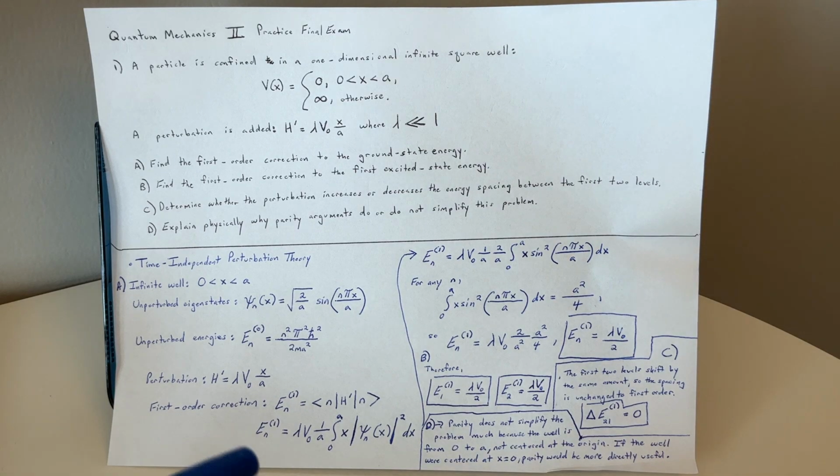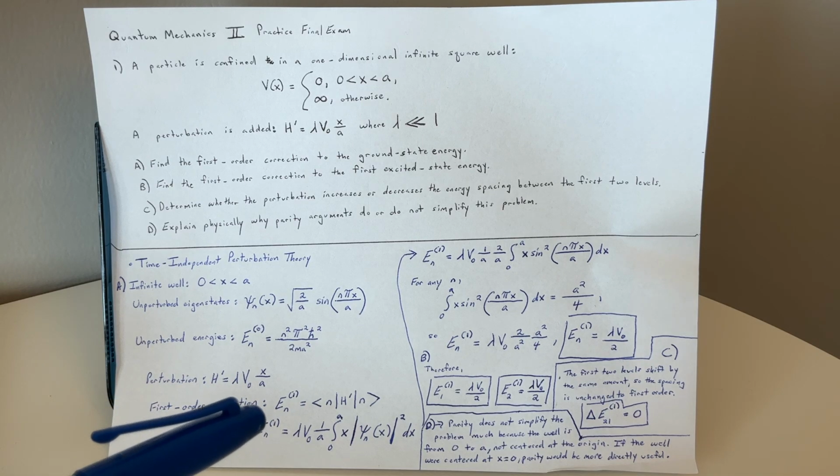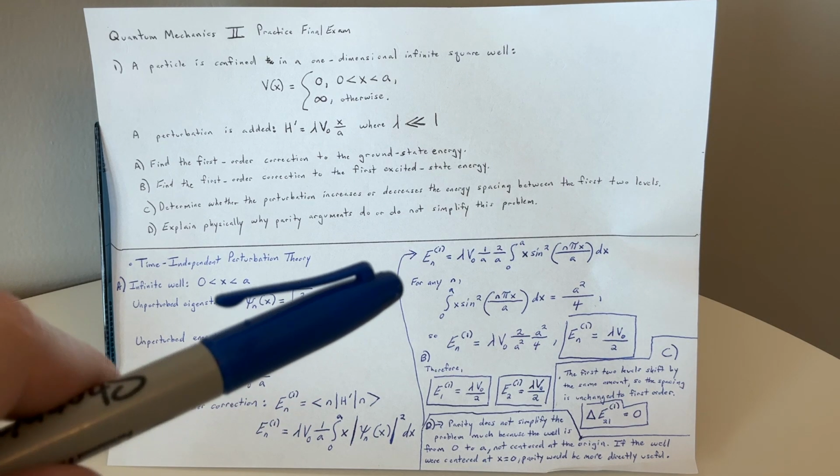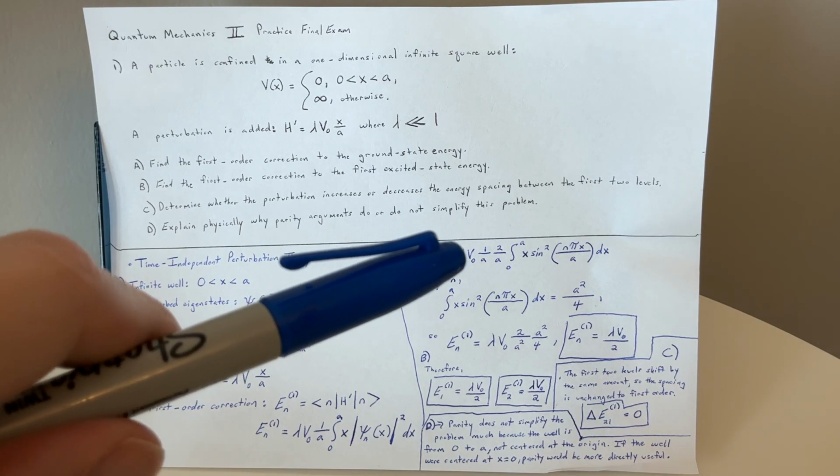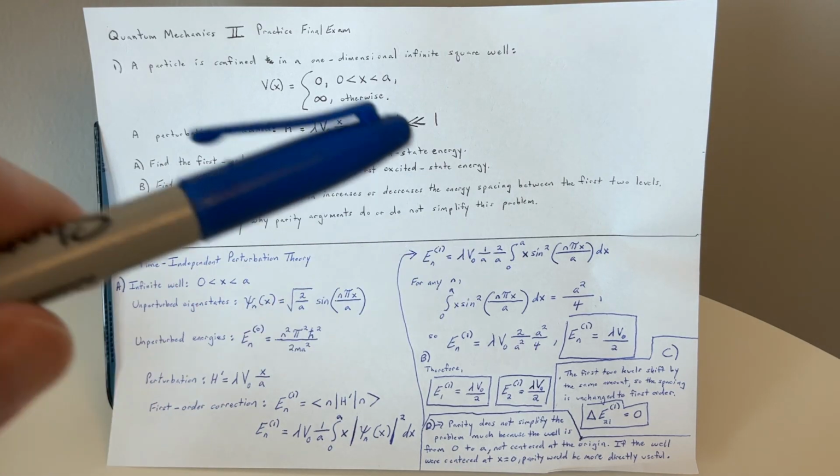So here, this is our integral that we're going to set up from the first order correction. And this E sub n superscript 1 is going to come up here. When we integrate, this is our setup.